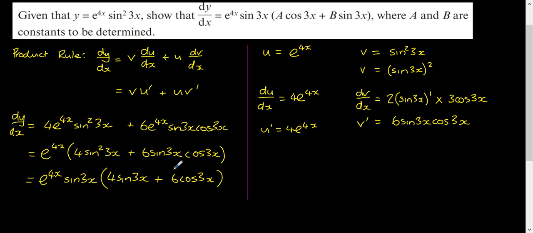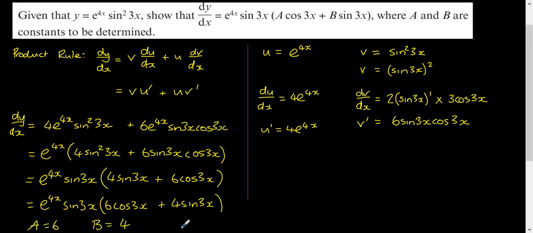But we're not asked to. We're asked to write it specifically in this form. So we have it, e to the 4x sine 3x, check. 4 sine 3x plus 6 cos 3x. So let's just write it the same way around as them for the sake of it. We've got 6 cos 3x plus 4 sine 3x, which means that our a value is 6 and our b value is 4.